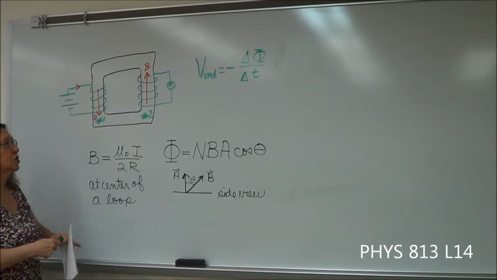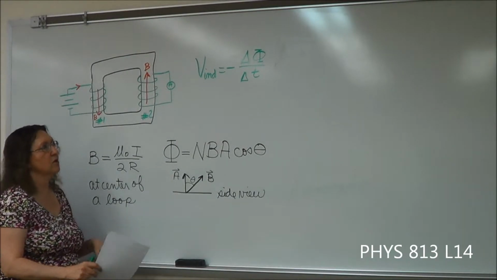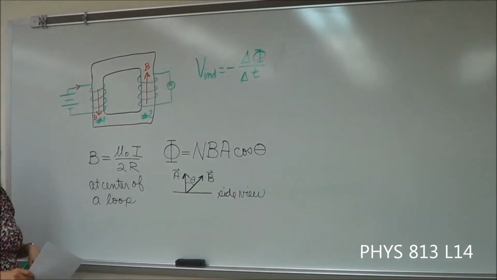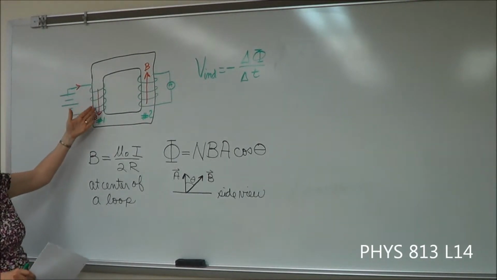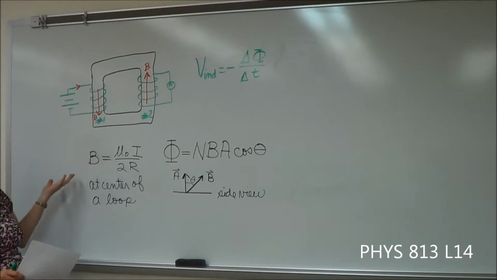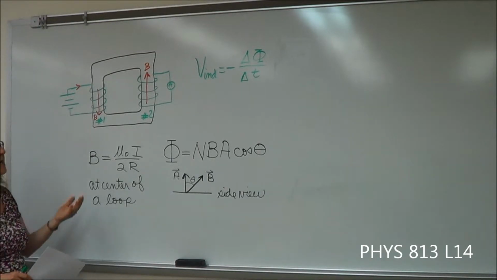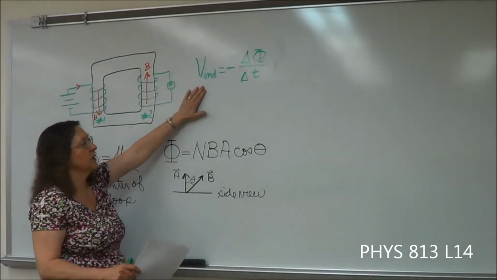Now, you should be familiar with this concept from a couple of the other lessons that deal with inductors, because that's basically what this is. It's a coil, and that's what an inductor is. And in the other lessons, we found that a changing current and a changing flux produced an induced voltage.